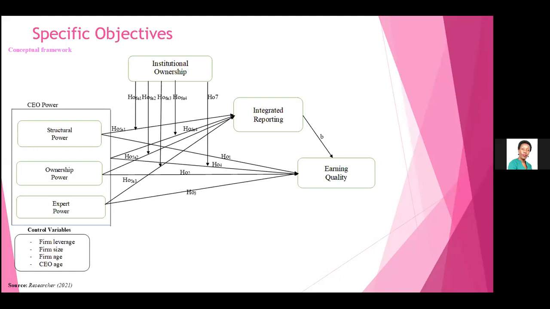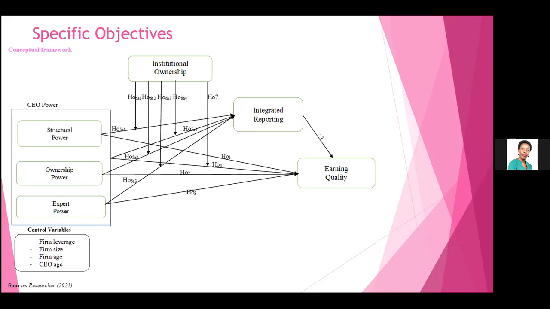You have a wonderful study, but there are a few things that you need to iron out. I don't know whether it's there in your book. To begin with, when you started off your presentation, I asked myself, what is earnings quality in your study?